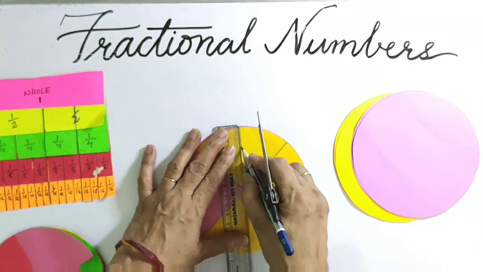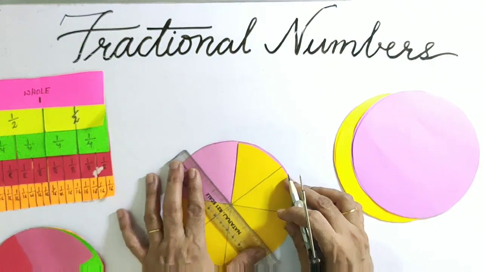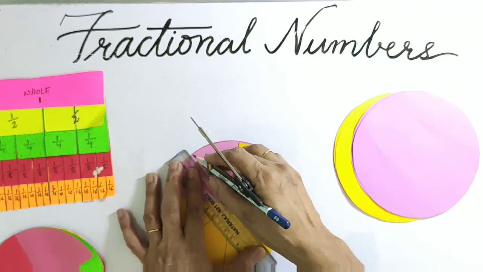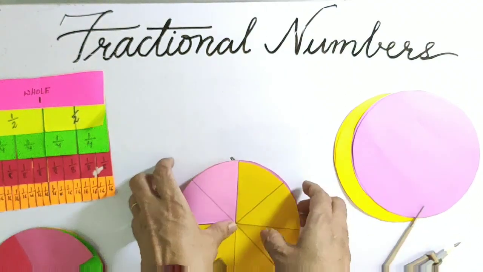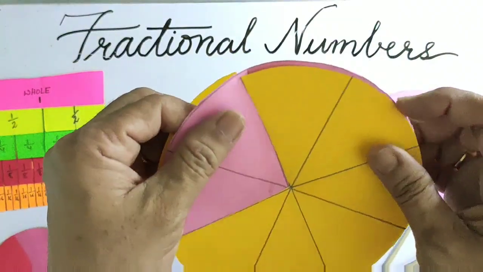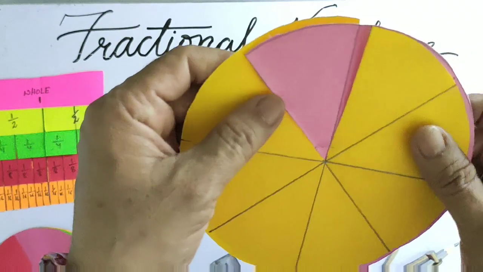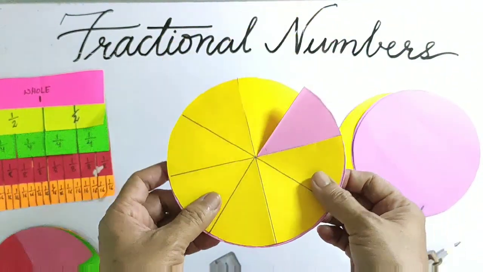See. So it is 1 by 4. When you join like this, what it becomes? It is 1 by 8, is it?